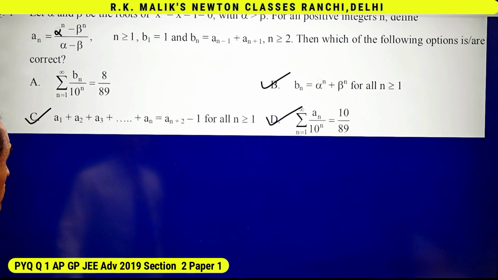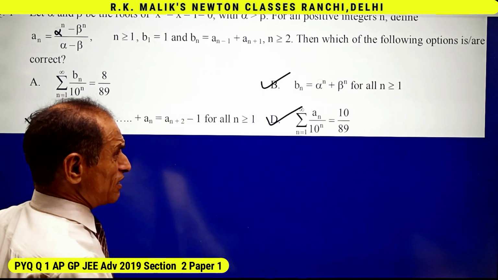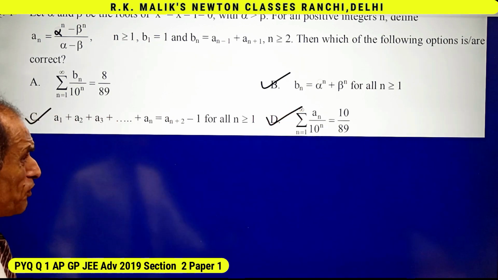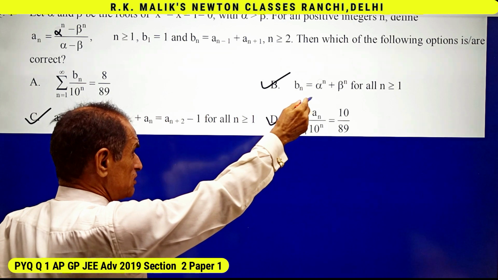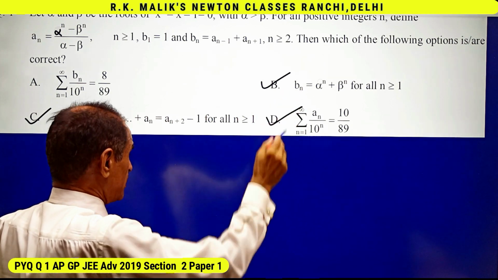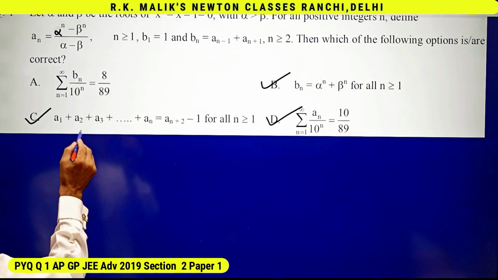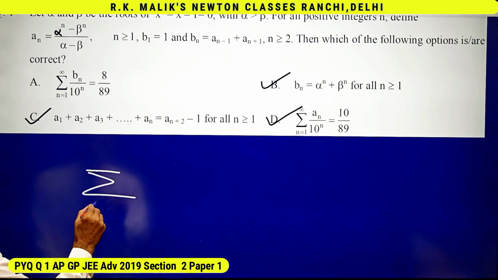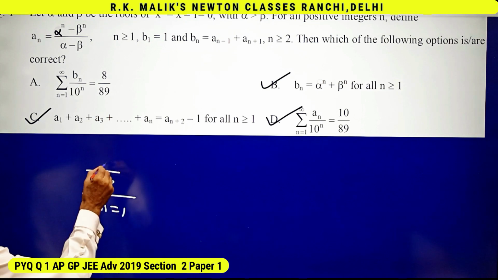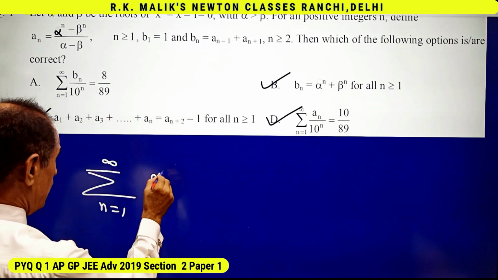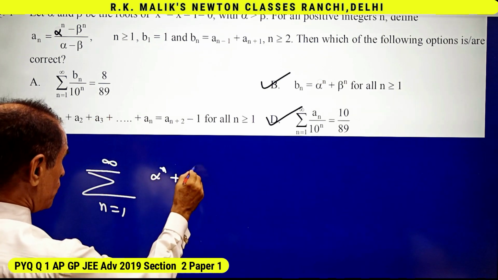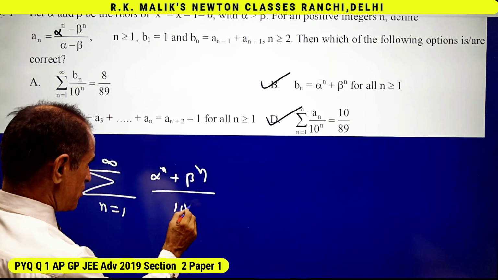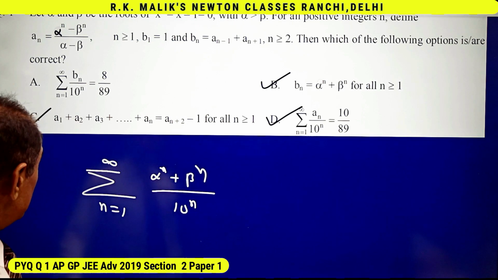To calculate choice A, I can easily take the help of this, because this has been checked as correct. Therefore, using this result, sum over n equal to 1 to infinity of alpha to the power n plus beta to the power n upon 10 to the power n.